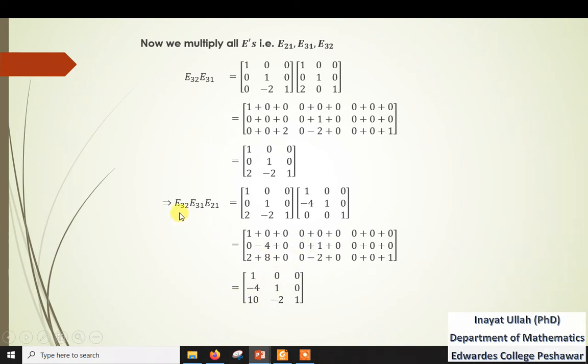So that is the product of all these three elimination matrices, and this matrix is denoted by M. Now in this part, we will show that separately all those E's convert matrix A to an upper triangular matrix, and now we will see that all those three steps will be performed by this M to convert matrix A to an upper triangular matrix directly.